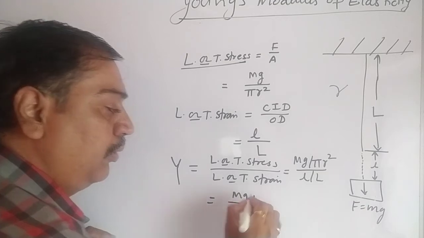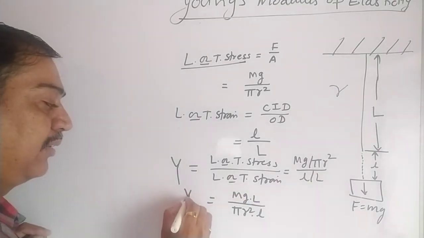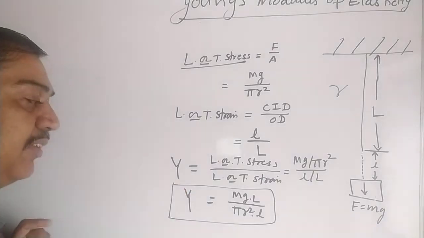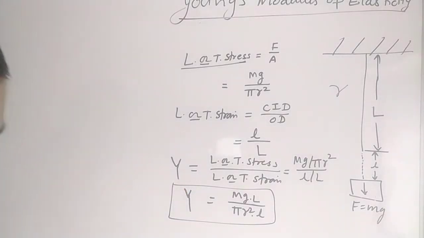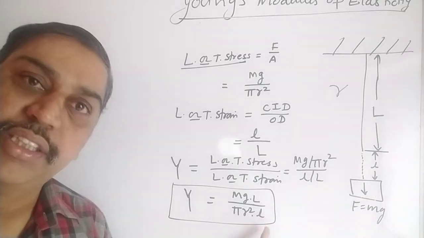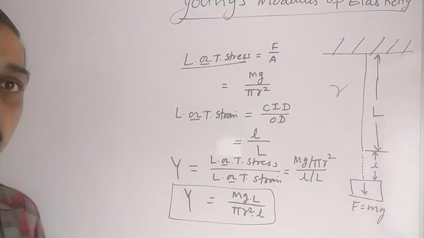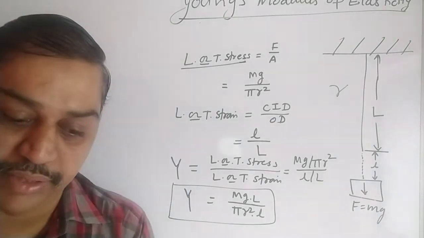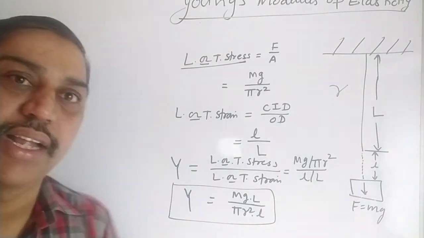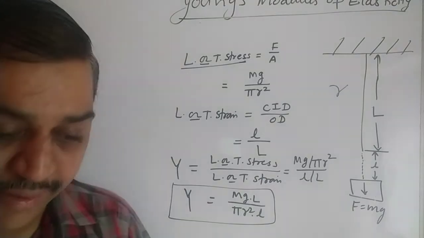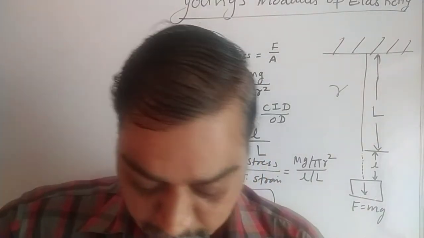That is the Young's modulus of the wire, and this is the formula: Y equals mg into original length divided by pi r square into change in length. That will give the Young's modulus of the wire, rod, or any elastic material like rubber. So Young's modulus can be found in this method for this wire. Now what exactly is Young's modulus?